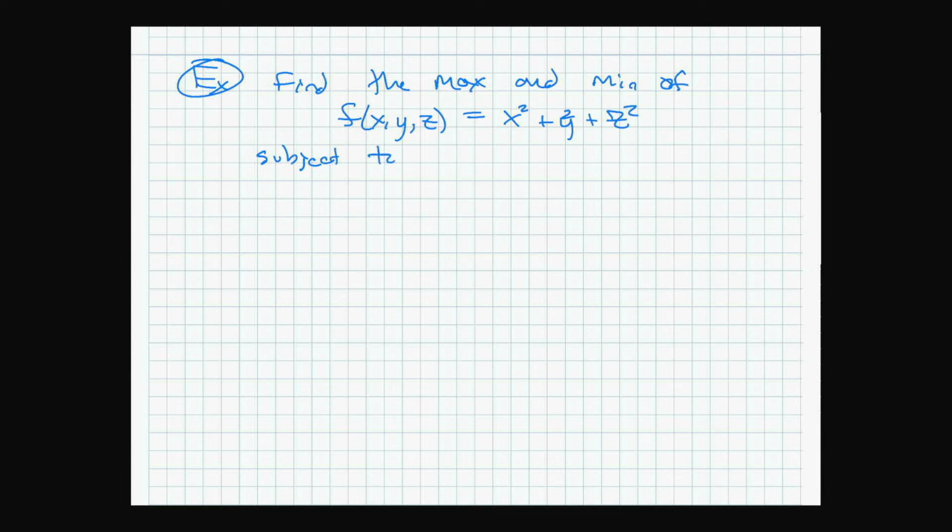Example. Find the max and minimum of f of x, y, z, a function of 3 variables now, equals x squared plus y squared plus z squared, subject to your constraints, which are z squared equals x squared plus y squared, and x plus y minus z plus 1 equals 0.